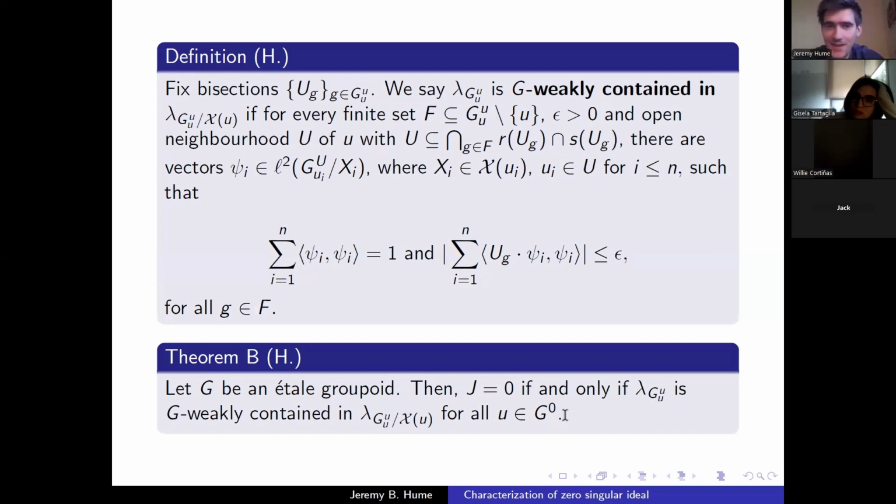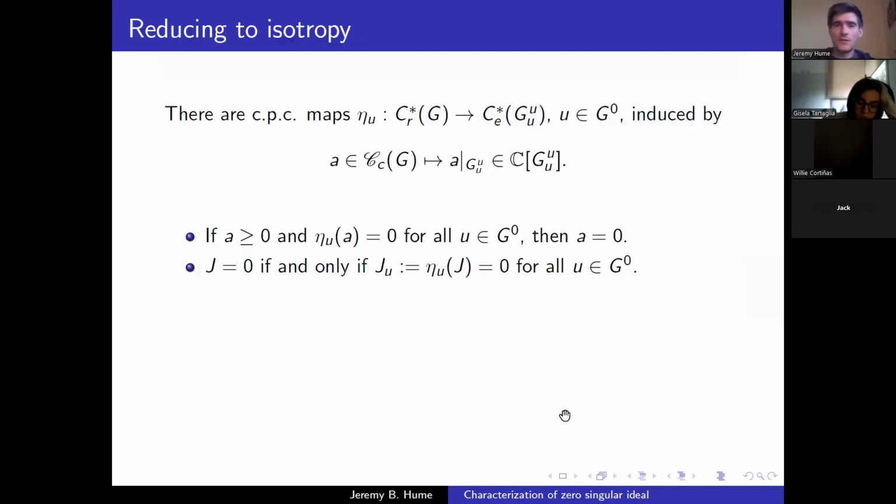Okay. So I'll start talking a bit about some of the ingredients and how to prove this. The main strategy is to reduce the problem to a problem about the isotropy groups. For each unit, there's a CPC map from the reduced groupoid C-star algebra into a group C-star algebra of the isotropy.